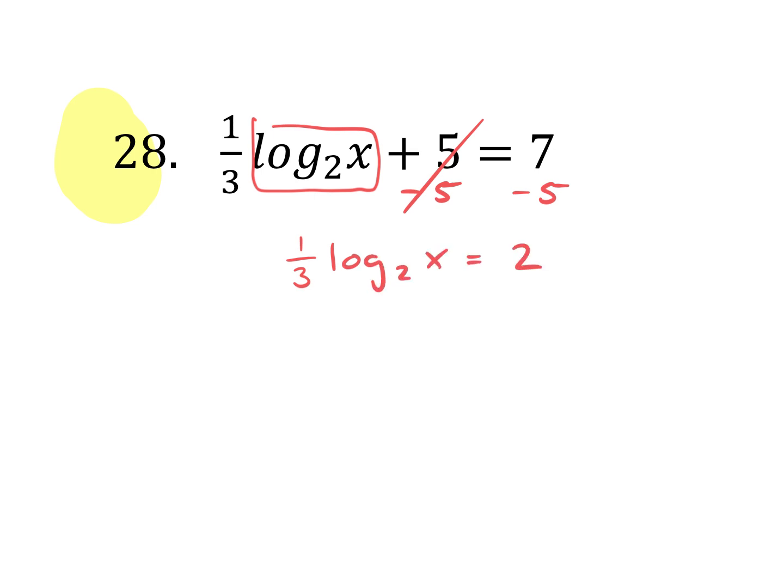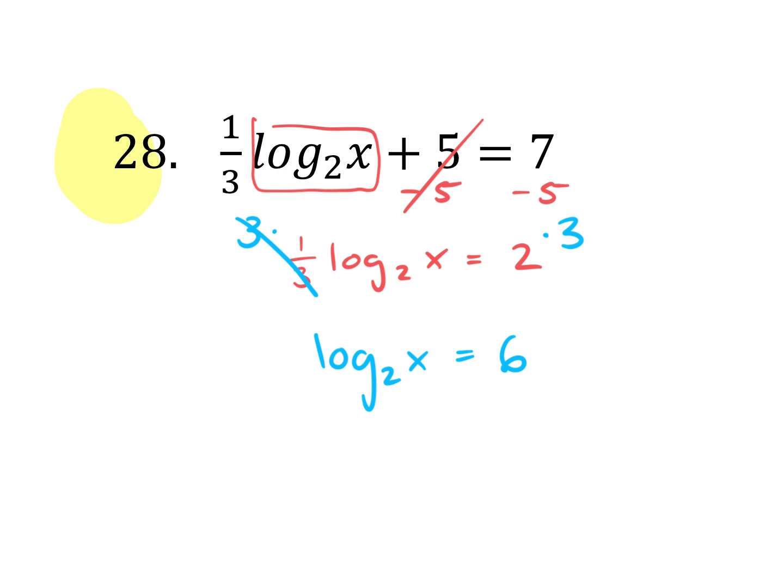What would we do next? How do we move that 1/3 to the other side? Multiply by 3. So it cancels, so we have log base 2 of x equals 6.